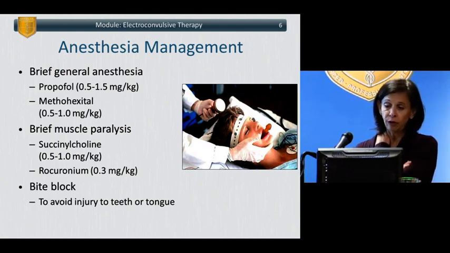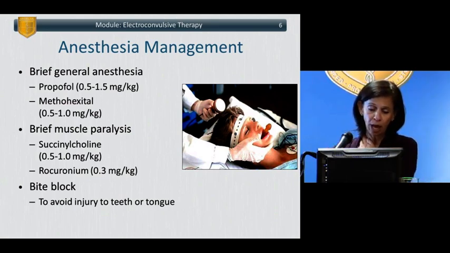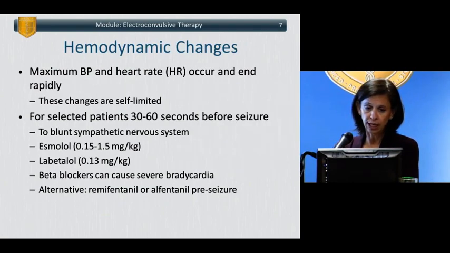A bite block is a very, very important component of this to avoid injury to teeth, tongue, or lips. There are commercially available bite blocks, or you can roll up 4x4s and use those instead.